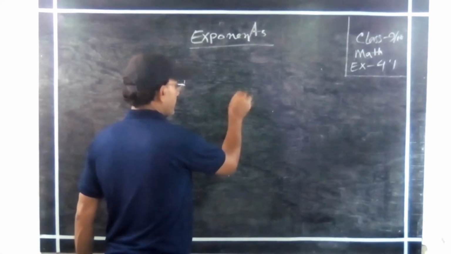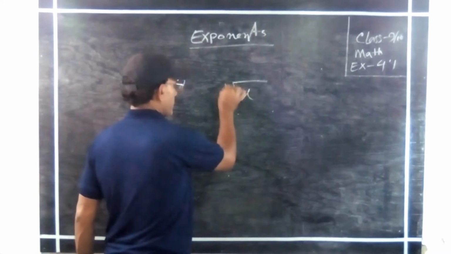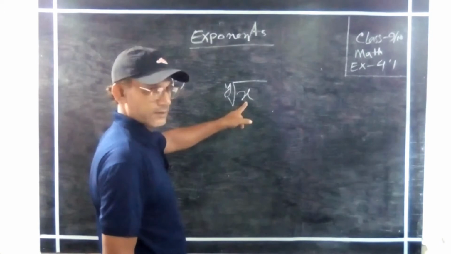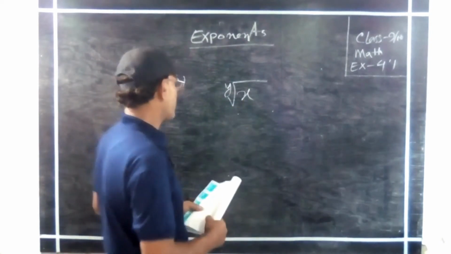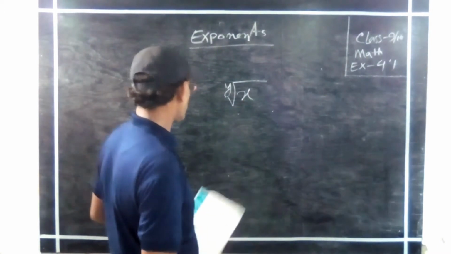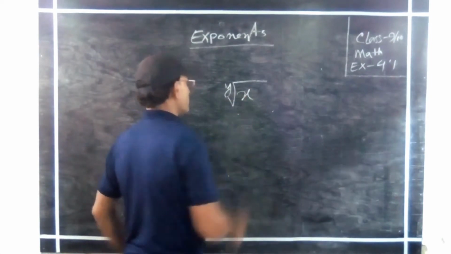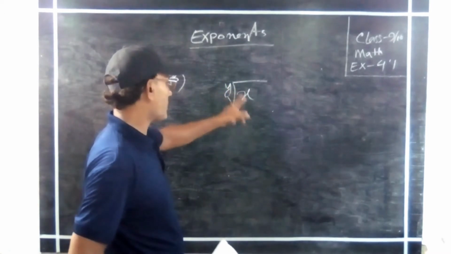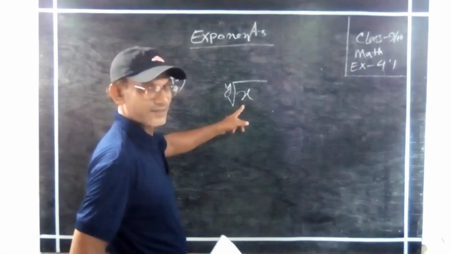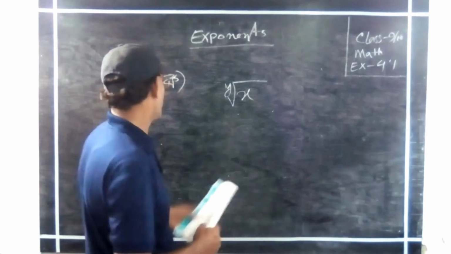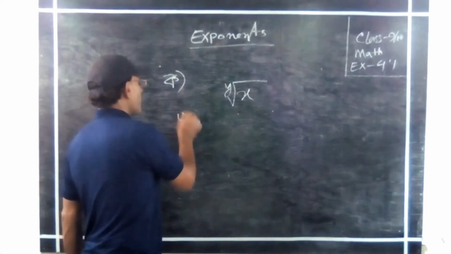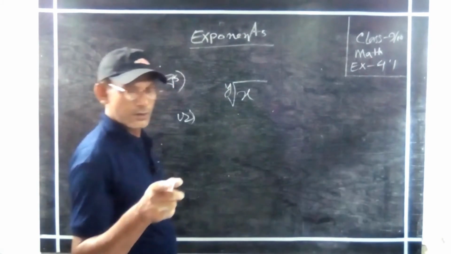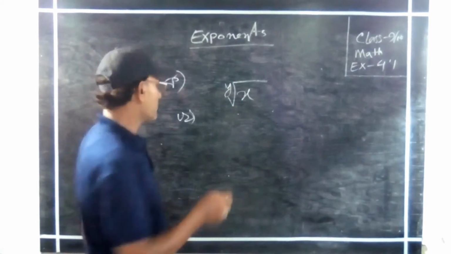We write here the yth root of x, and this is the answer. And number two: what was the cube root of p?